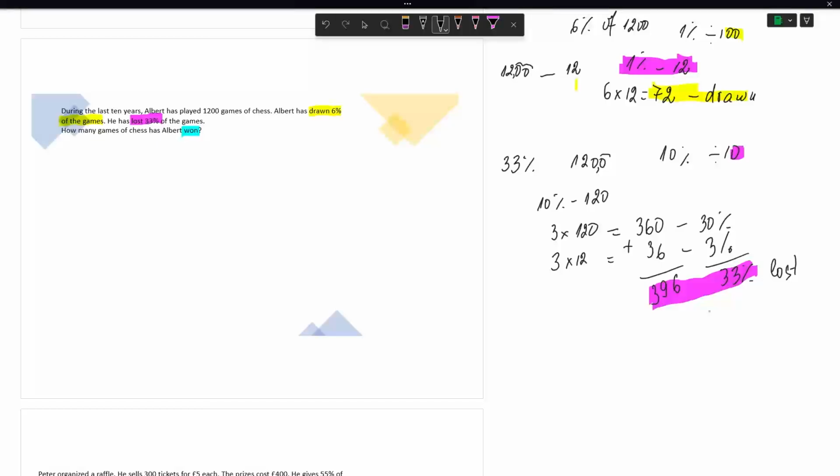396 plus 72. So we're going to have 468. As we said, this is lost, and this is our drawn. So we have both, 468. So how will we find how many times he won?